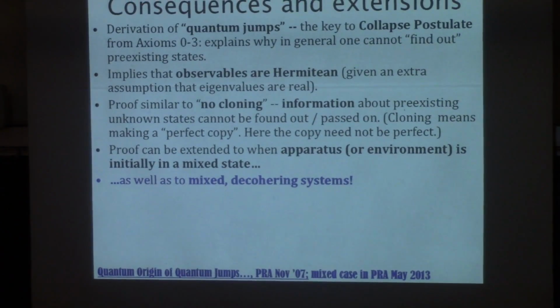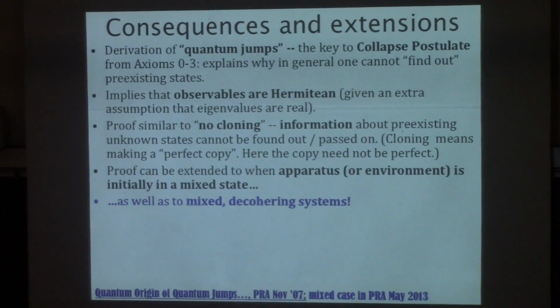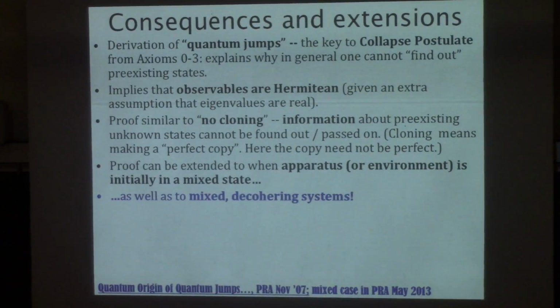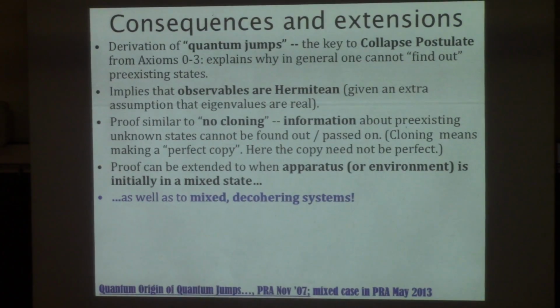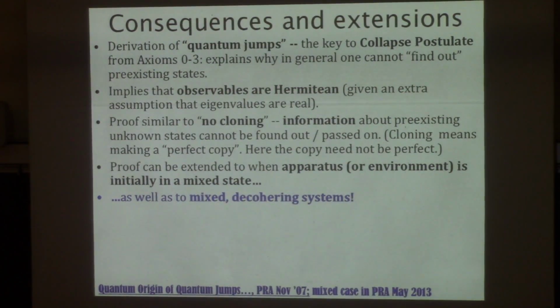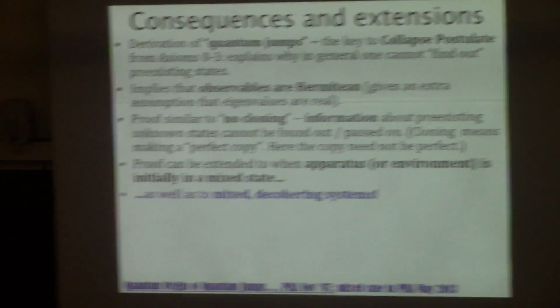Interestingly, you can extend this to mixed, decohering systems. There is more math involved, so I'm not going to go through it. You can look at macroscopic objects, and ask a question not about the microscopic state of what's there; it's enough to require repeatability of copies.